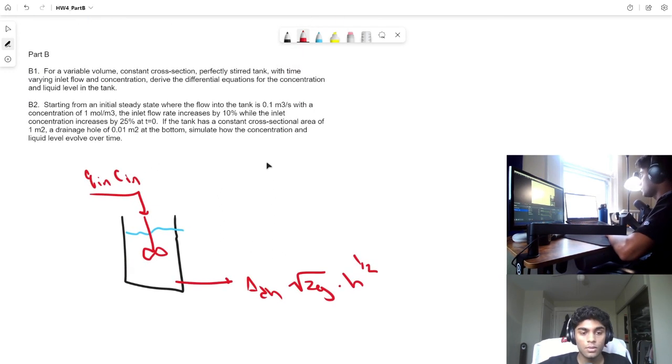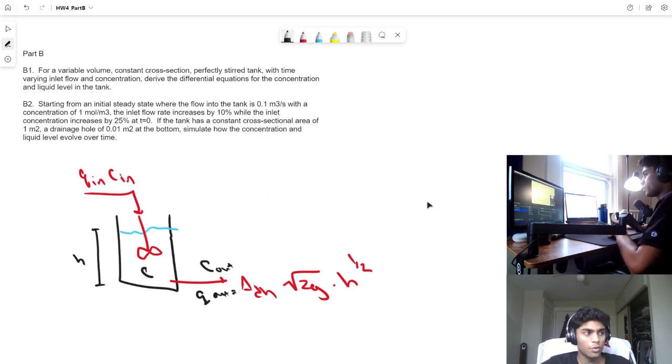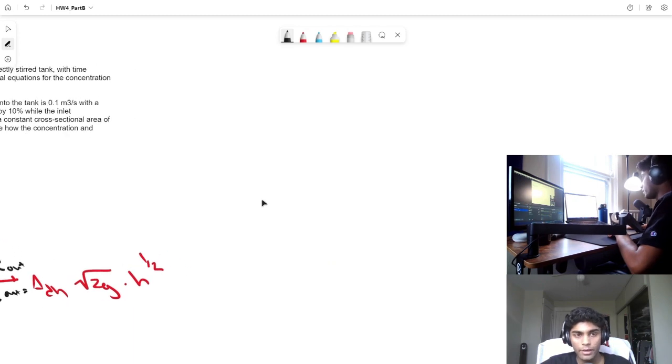And so with this system, what we have to go ahead and do now is derive some differential equations that will give the concentration and the liquid level in the tank at a certain time. So the first differential equation that we have to account for is the fact that we have a changing volume over time.